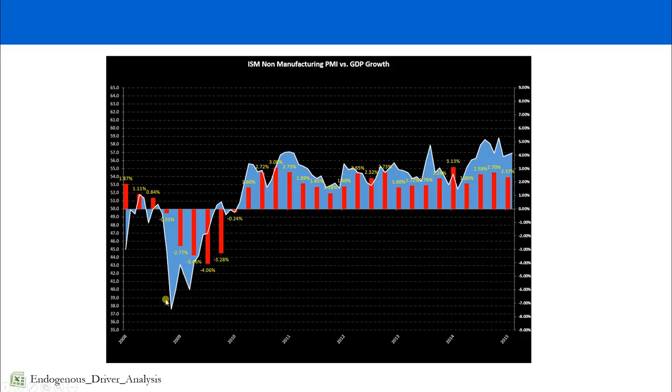We get trough conditions here, and 12 to 18 months later, again, we get trough conditions in real GDP. And we can see the current business cycle where the NMI is above 50 and growing at a pretty constant rate, and so has GDP. Although there have been peaks in the data, we've generally remained above 50, around the 55, 56 level on average, since we came out of the financial crisis.